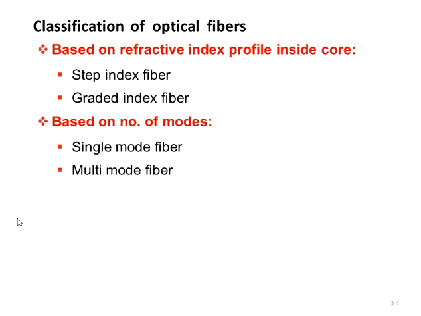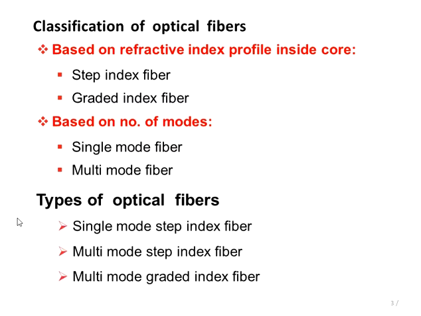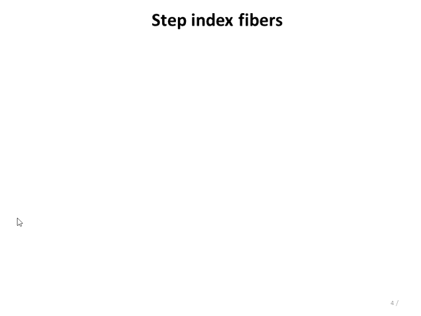So by combining these two classification criteria, we have three basic types of optical fiber: single mode step index fiber, which will support only one mode and has a step index profile, then multi-mode step index fiber and multi-mode graded index fiber. So let us look at what step index fiber is.